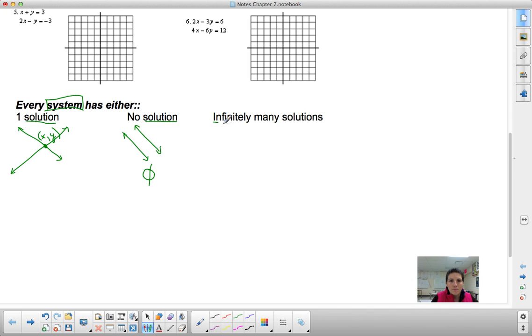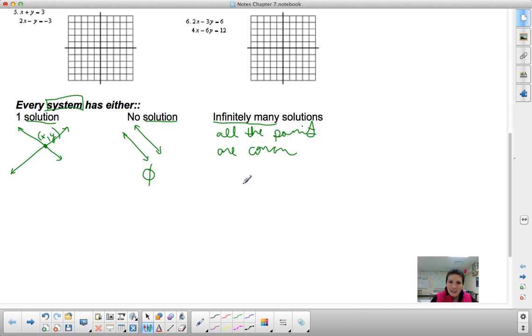Now, infinitely many solutions, meaning that all of the points are in common, or shared.